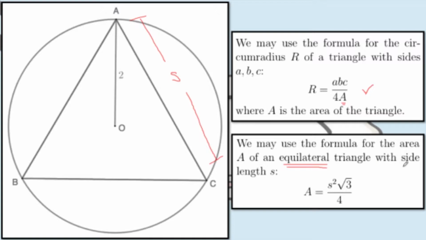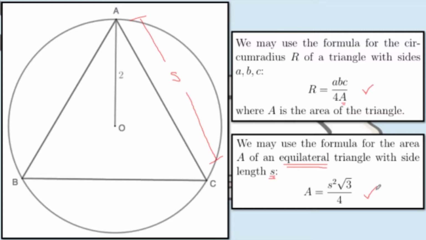Since there's only one side length in an equilateral triangle, we have the formula in terms of the side length s. So the area of an equilateral triangle with side length s is s squared times square root of 3 all over 4. So we'll be using two formulas to help us with this item.